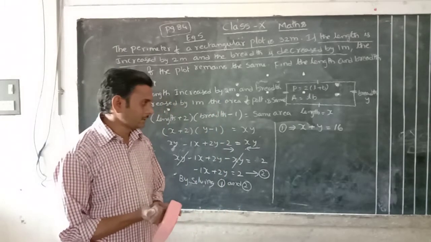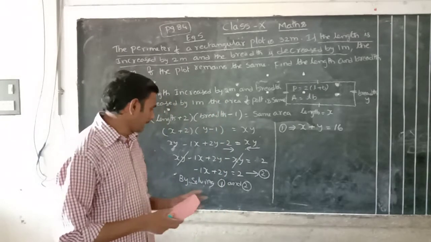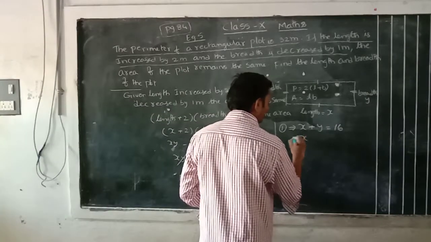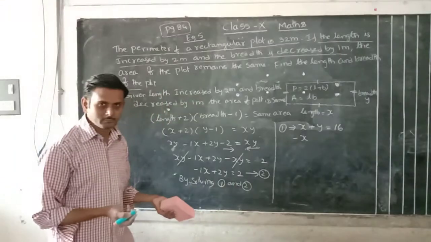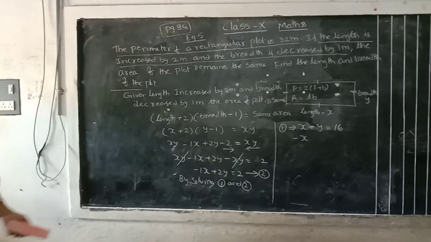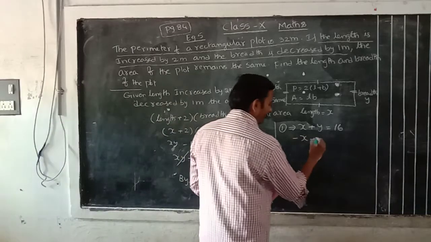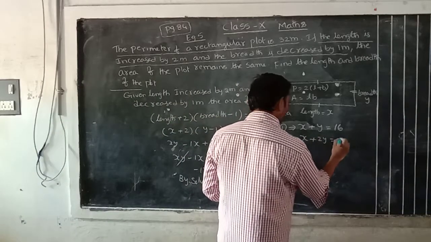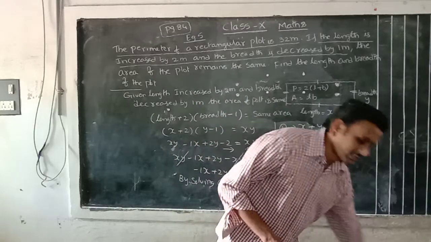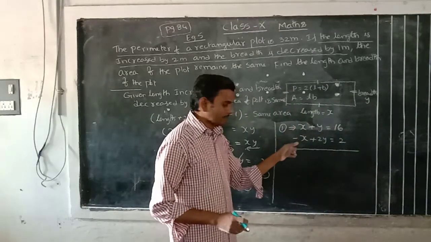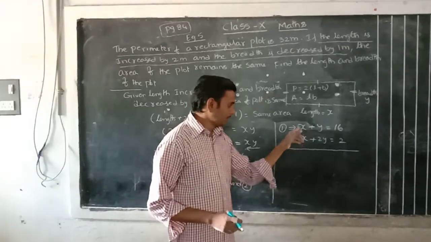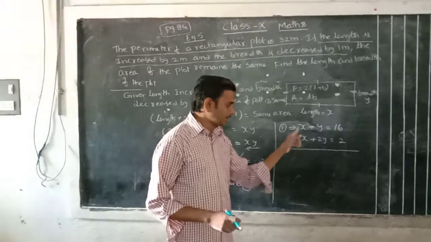The second equation is minus 1x, which means minus x, plus 2y equal to 2. Now, are there any equal coefficients? Yes, opposite signs are available: plus and minus with the same coefficient.